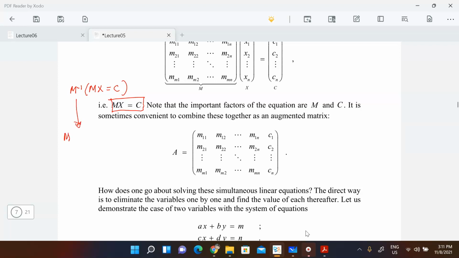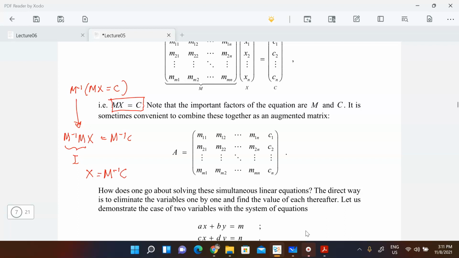I get M inverse MX equals M inverse C. M inverse M gives you the identity matrix, and the identity matrix times X is just X. So that gives you X equals M inverse C.